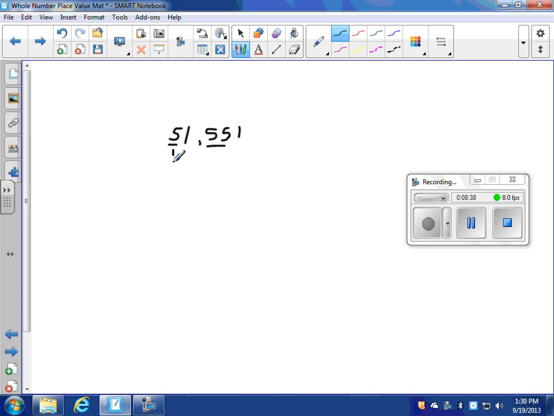Now if I wanted to compare the 5 in the 10,000s place to the 5 in the tens place, it's 1, 2, 3 hops. So it would be 10 times 10 times 10. The 5 in the 10,000s place is 1,000 times greater than the 5 in the tens place.